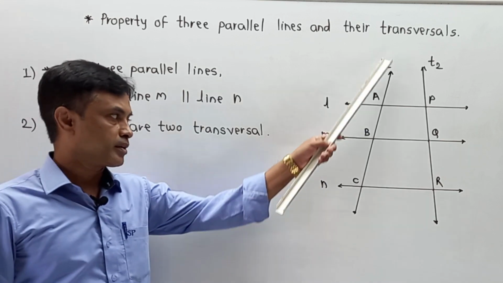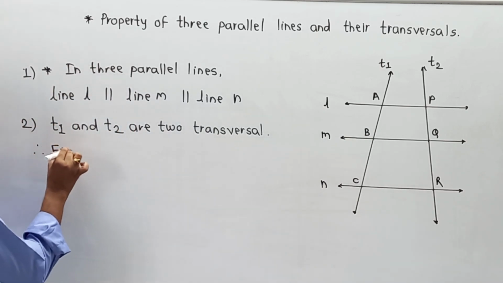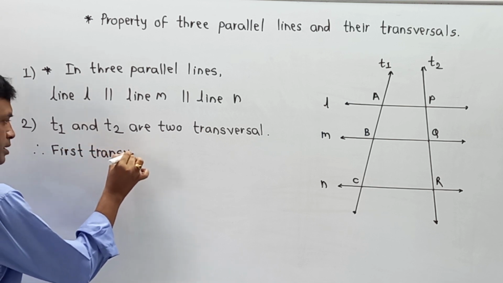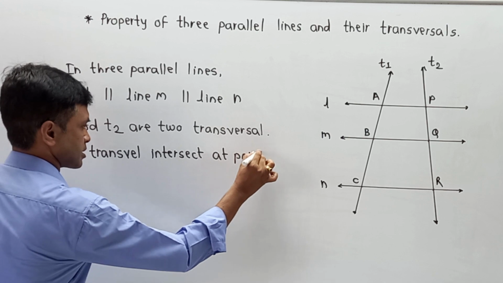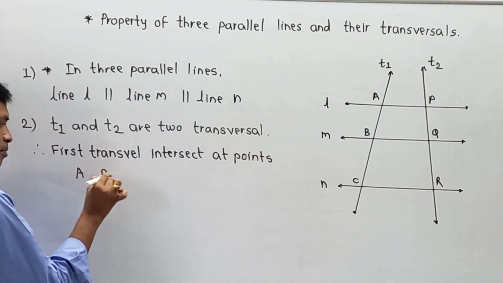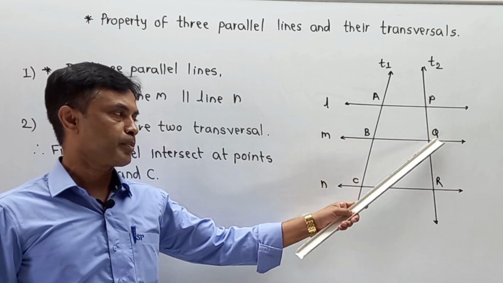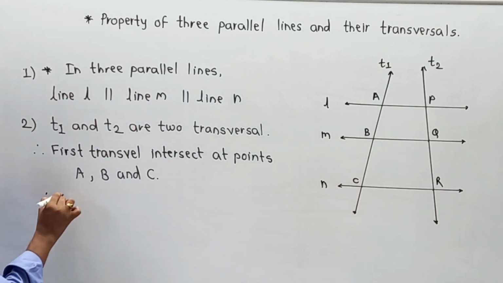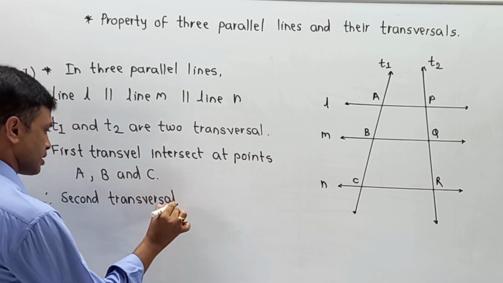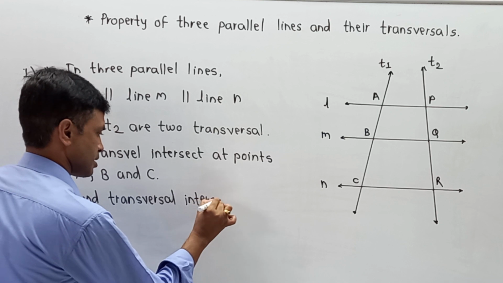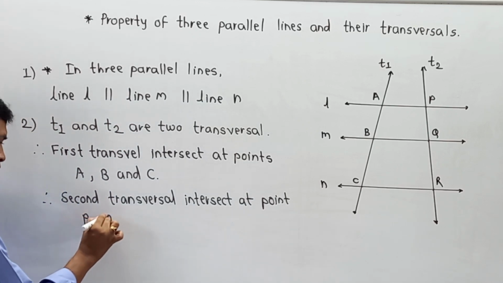Here, we can say that the first transversal intersects at points A, B and C. Similarly, the second transversal T2 intersects at points P, Q and R.